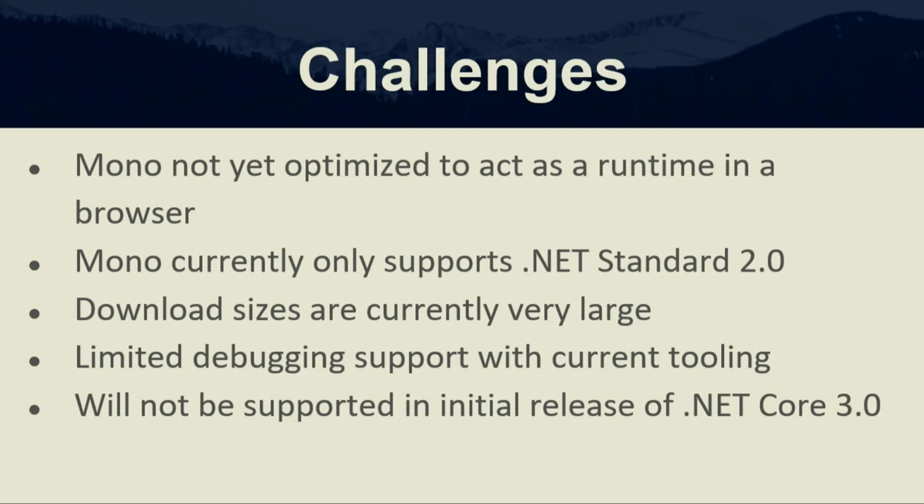The biggest one here, download sizes, is very large. Like I described in that diagram, when you run a Blazor application, it is downloading the runtime as well as all these DLLs down to the browser. So if you can imagine, and if they're not optimized, that's a lot of data, a lot of information that has to be transferred over to the browser.